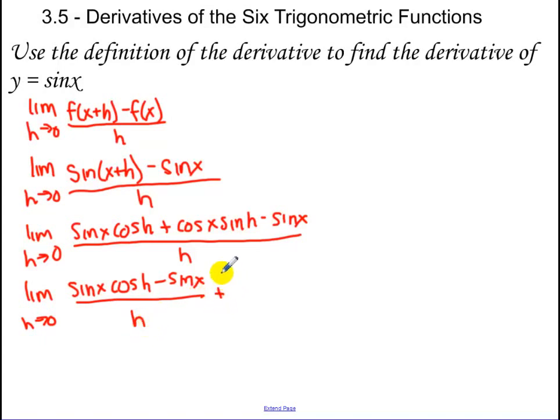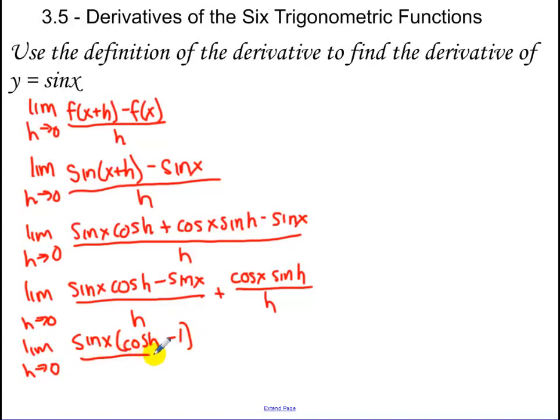And then we have the middle term over our common denominator. Now, that first term we can factor out a sine of x, and we're left with cosine of h minus 1 all over h.